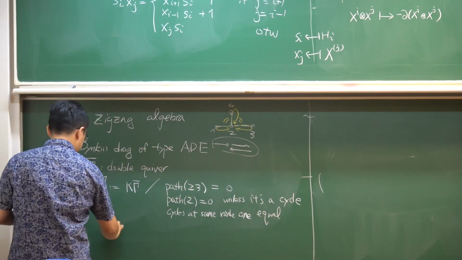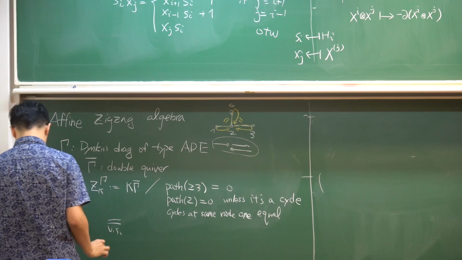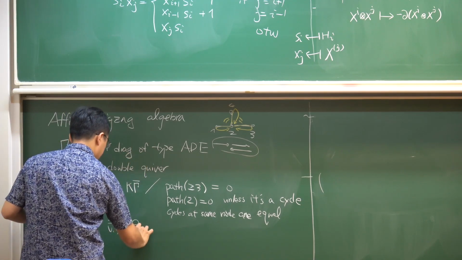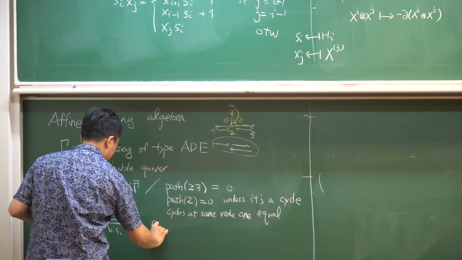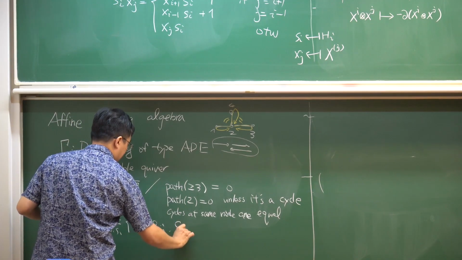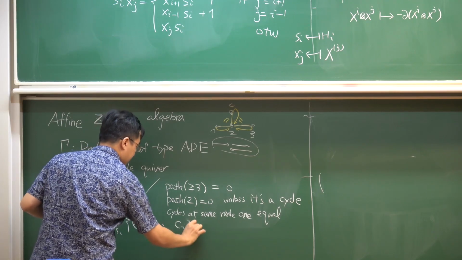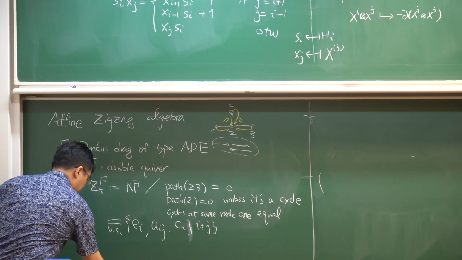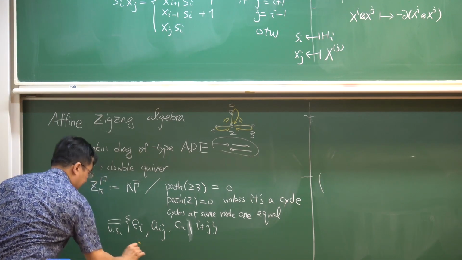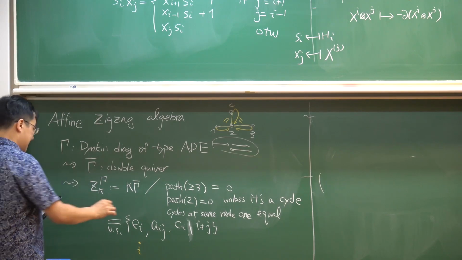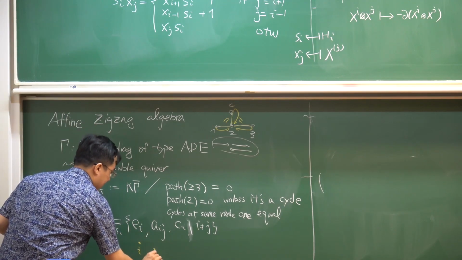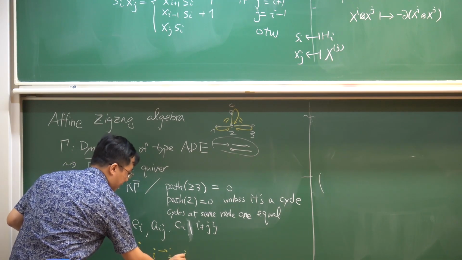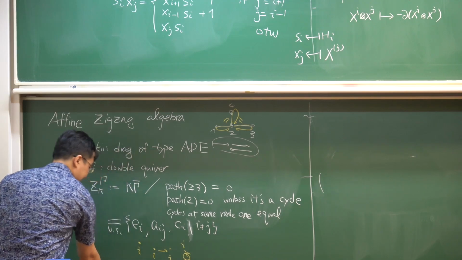So, which means as a vector space, this has a basis labeled by e_i, a_ij, and c_i. The e_i corresponds to the node at the ith node, and a_ij represents the edge from i to j, and c_i is the cycle at node i.